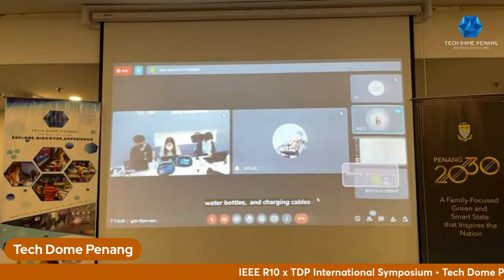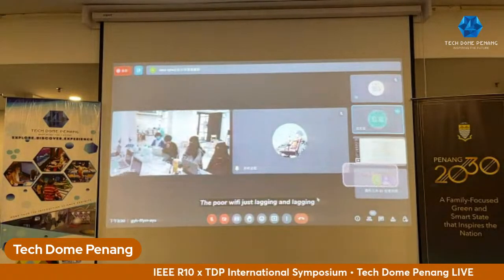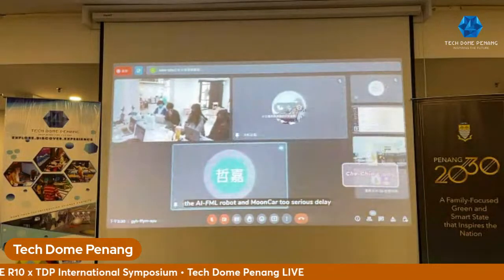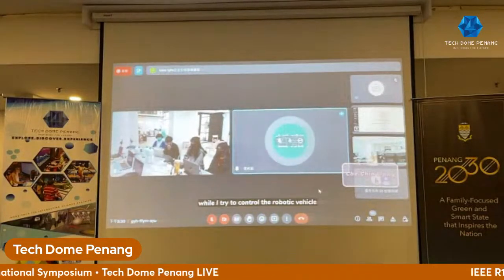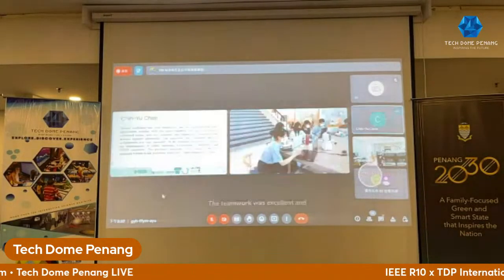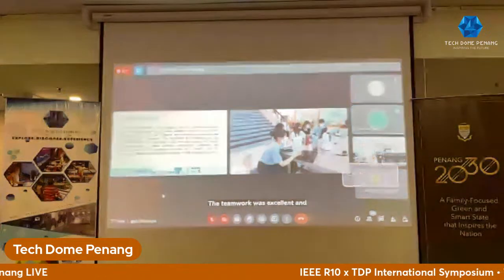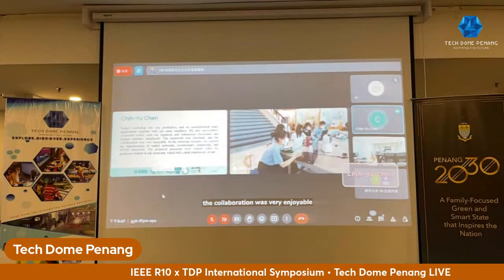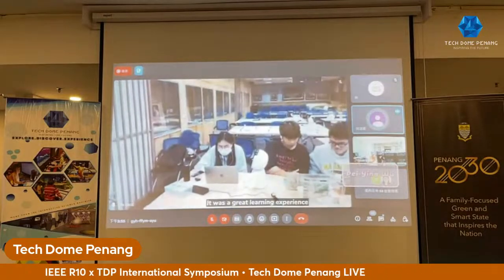Wi-Fi has and charging cables. But the core Wi-Fi just lagged my back, leading to serious delay while I tried to control the robotic field. The teamwork was excellent and the collaboration was very enjoyable. It was a great learning experience.